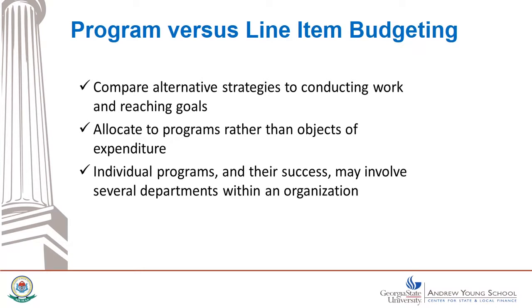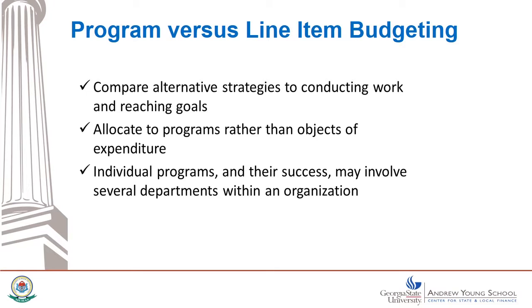In contrast to line item budgets, program budgets reorient the focus onto organizational goals and alternative strategies to reach those goals. Using our prior example, the laboratory department might want to consider more prevention programs and less inpatient services, because this shift might better advance the organization's goals.